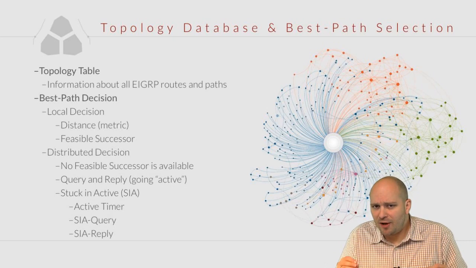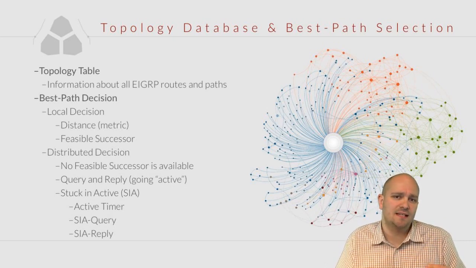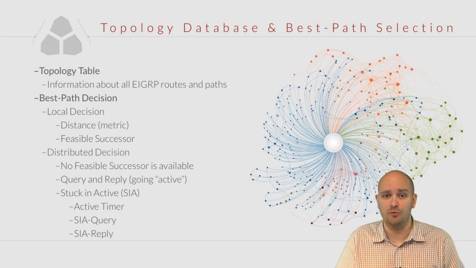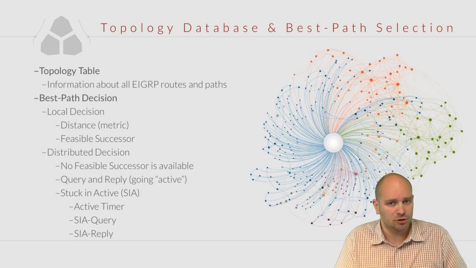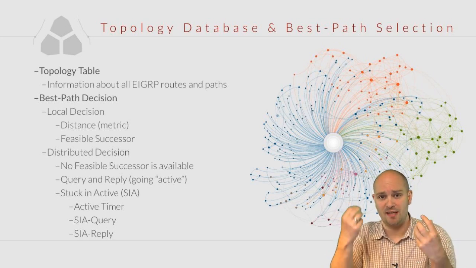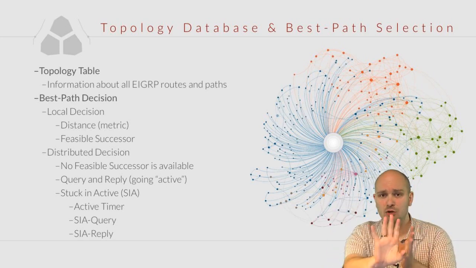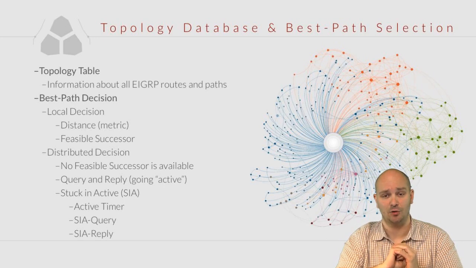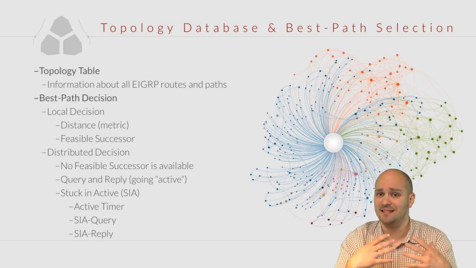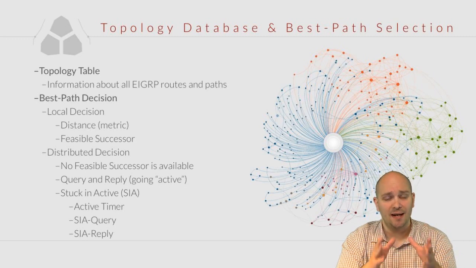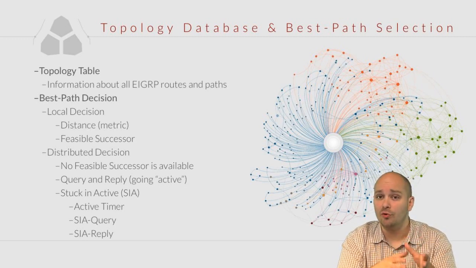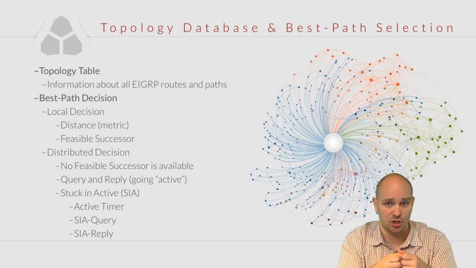However, if our decision is being made as the result of a particular route being removed from the routing table, so let's say that we had, again, two upstream routers, and one of them is telling us, hey, you know what, no longer use this route, and we had a feasible successor for that route. This is still a local decision, but in this case, the route that we are going to end up using needs to have already passed a feasibility condition test.